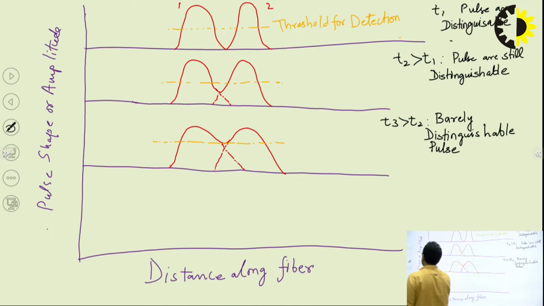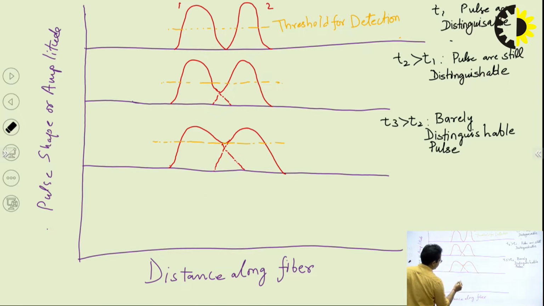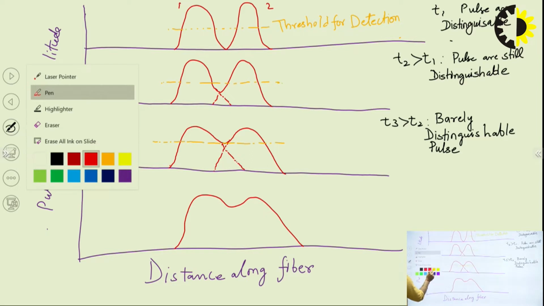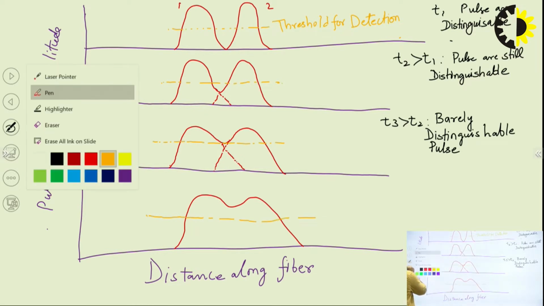Now, another case, the last case, in which it is impossible to detect or recognize the two different signals, because the threshold level is much above the strength of the signal, so it is not possible to distinguish these two signals when they are received at the receiver side.